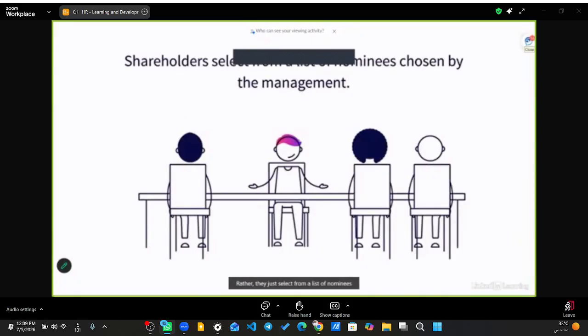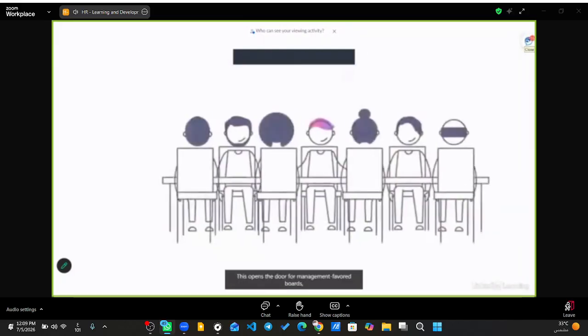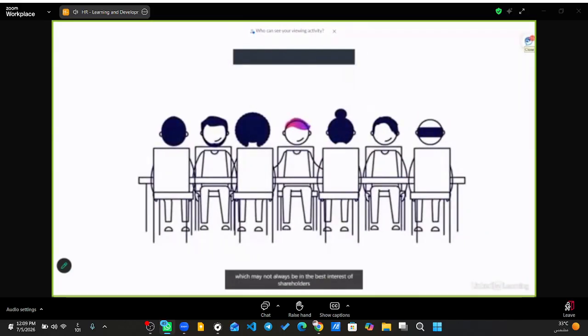Rather, they just select from a list of nominees chosen by management, kind of like a presidential election, right? We don't pick the president so much as we pick the president from a slate of potential candidates. This opens the door for management-favored boards, which may not always be in the best interests of shareholders, so you do want to watch out.